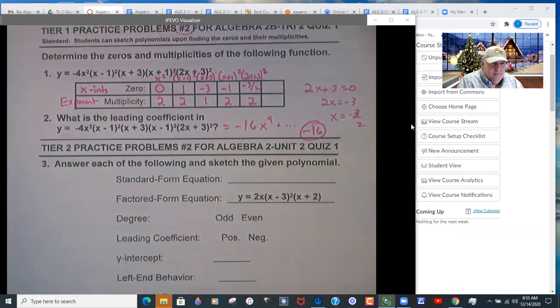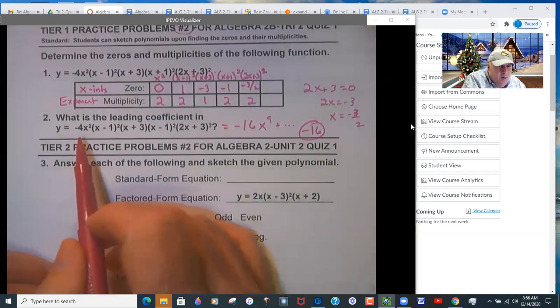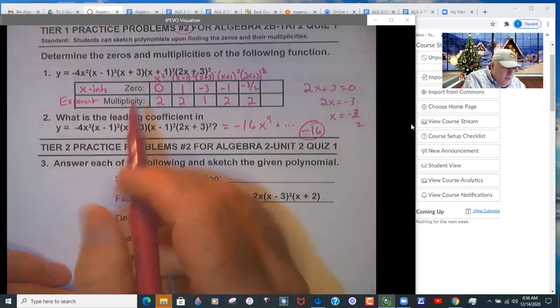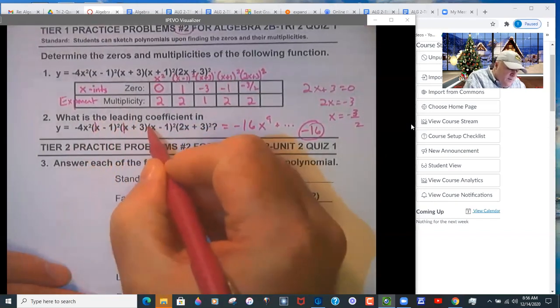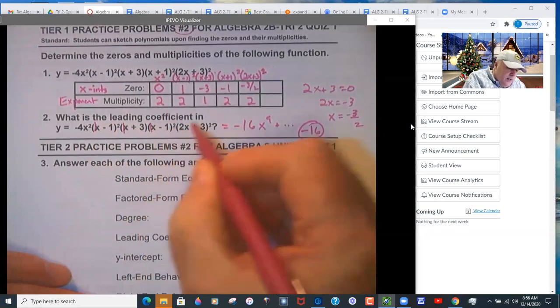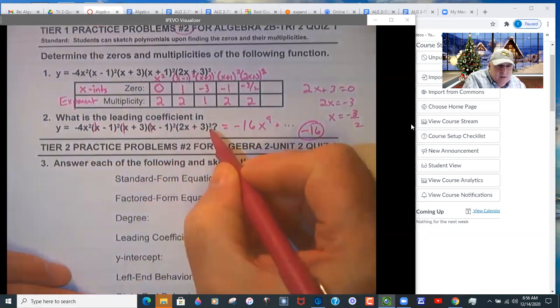I think that's just as valid as anything, telling me that you know what to look for. However, you don't need to type it into Wolfram Alpha. All you need to do is think about these leading coefficients. So negative 4 times 1 squared times 1 to the first power times 1 squared times 2 squared.